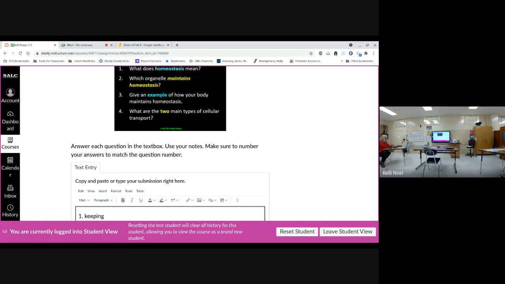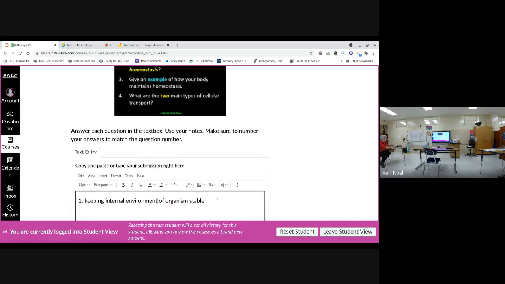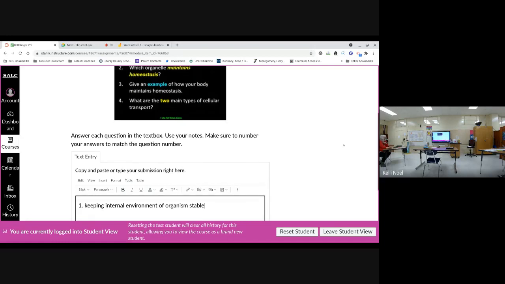So homeostasis means keeping the internal environment of an organism stable. So that could be pH, that could be temperature, keeping the internal environment of an organism stable.